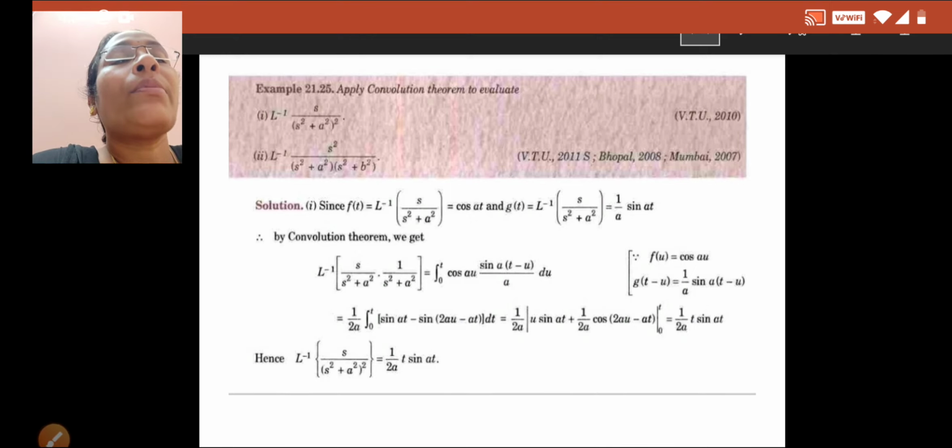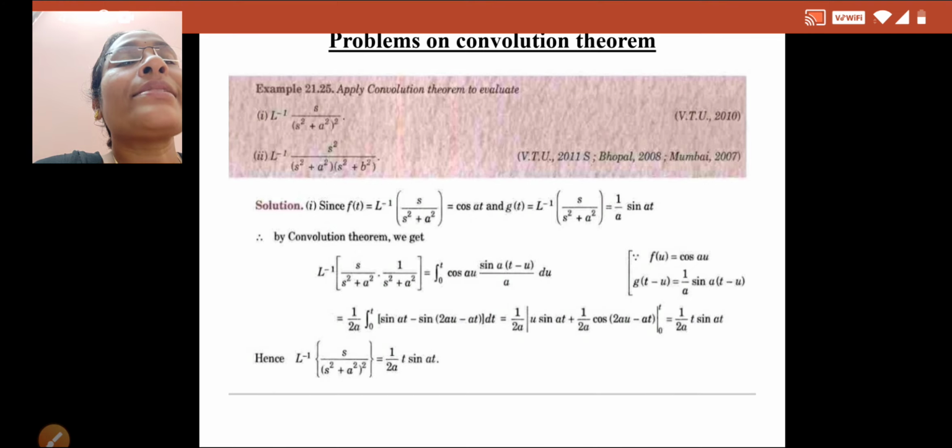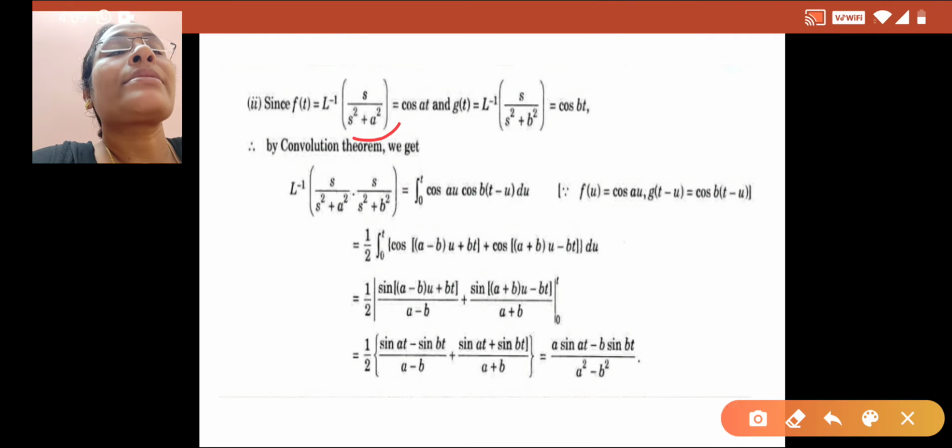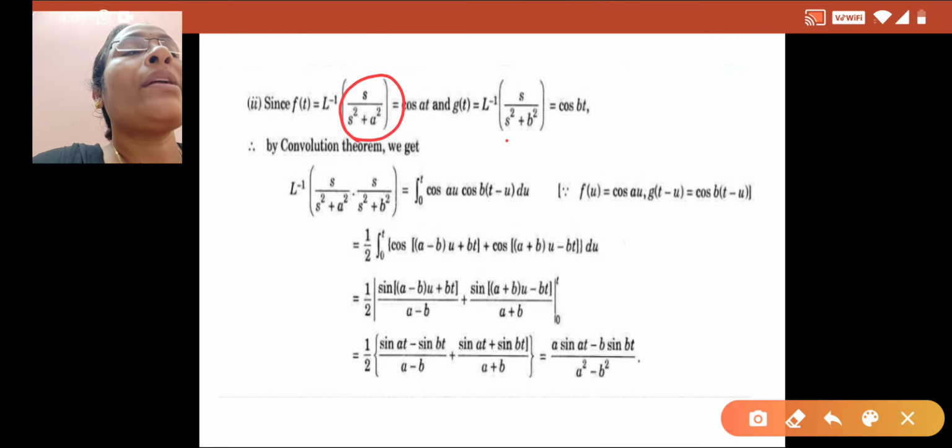Another problem: find L inverse of s square by s square plus a square into s square plus b square. For this one, if we take f bar of s as s by s square plus a square and g bar of s as s by s square plus b square, you will get f of t as cos at and g of t as cos bt.